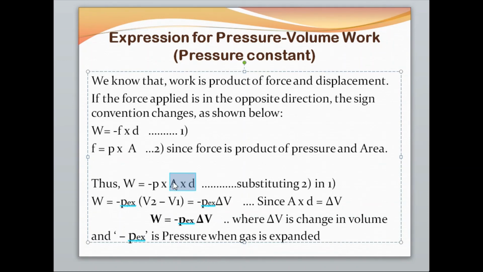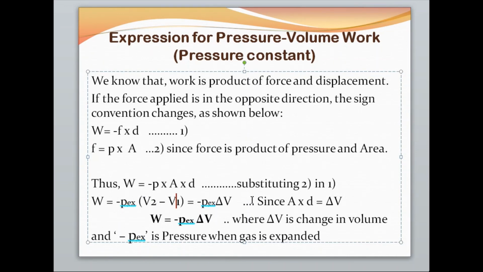Now I'll take you back to that action of the piston. When the piston comes up, volume becomes more. When the piston is pushed down, the volume of the gas in that cylinder reduces. So initially if it is V2, later it becomes V1, because the volume of gas in the cylinder changes.